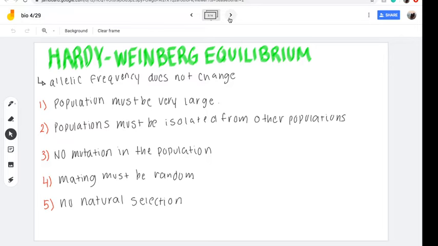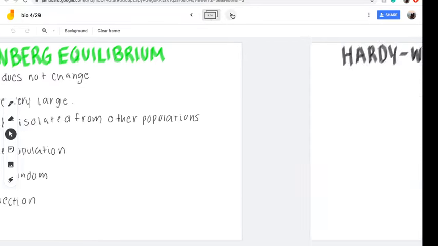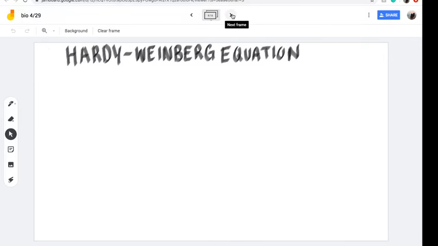The Hardy-Weinberg equilibrium allows us to calculate frequencies of alleles in a population. For example, scientists use the letter P to stand for the dominant allele, and then they use the letter Q to stand for the recessive allele.